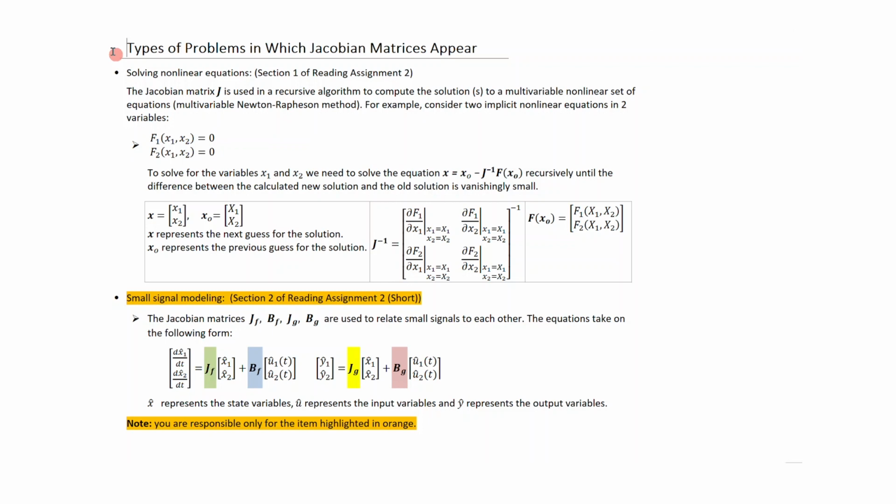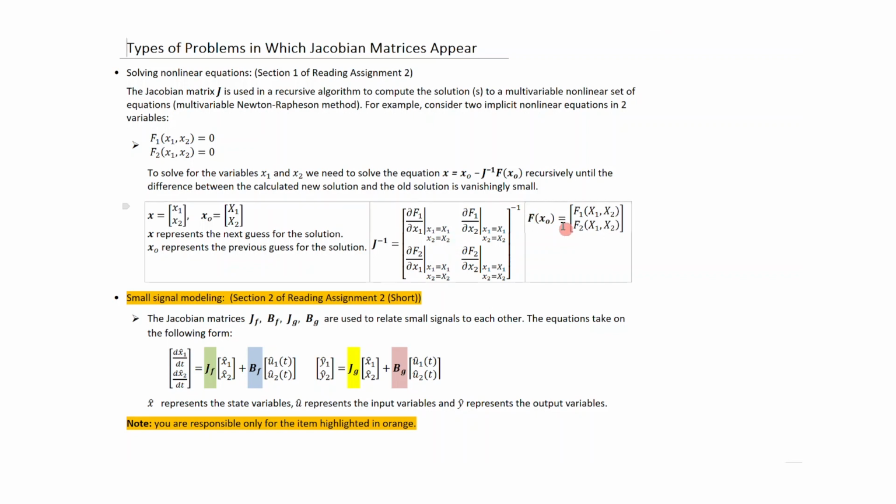We would recursively do this calculation by taking the new calculated value of x and making it the old value of x naught, and doing this calculation until the difference between the new solution and old solution is vanishingly small. Here, for instance, we show what J inverse would look like. Here, in fact, is the Jacobian matrix that we're dealing with: the partial derivatives of f1 with respect to x1 and x2, and of f2 with respect to x1 and x2, evaluated at x1 equals capital X1 and x2 equals capital X2.